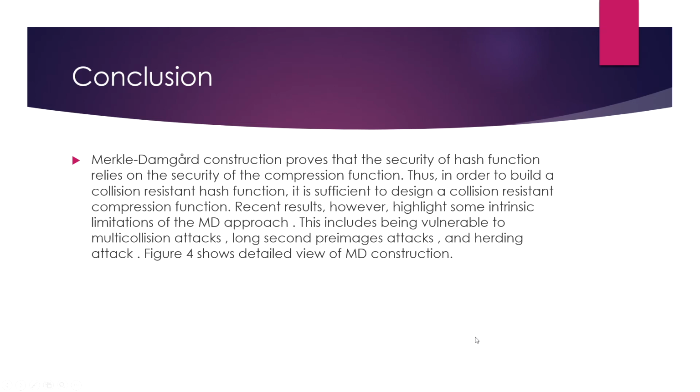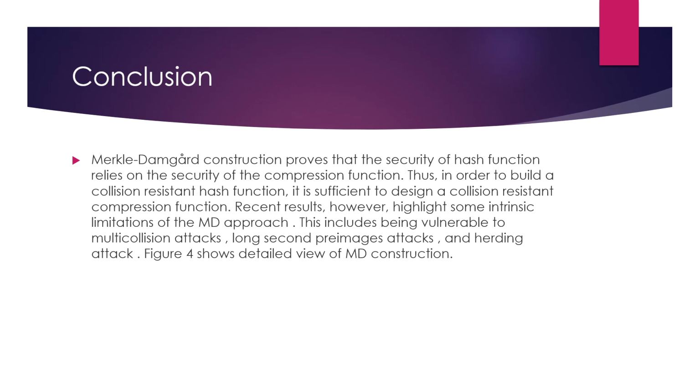The conclusion. The Merkle-Damgård construction proves that the security of hash functions relies on the security of the compression function. Thus, in order to build a collision-resistant hash function, it is sufficient to design a collision-resistant compression function. Recent results, however, highlight some inherent limitations of this MD approach.